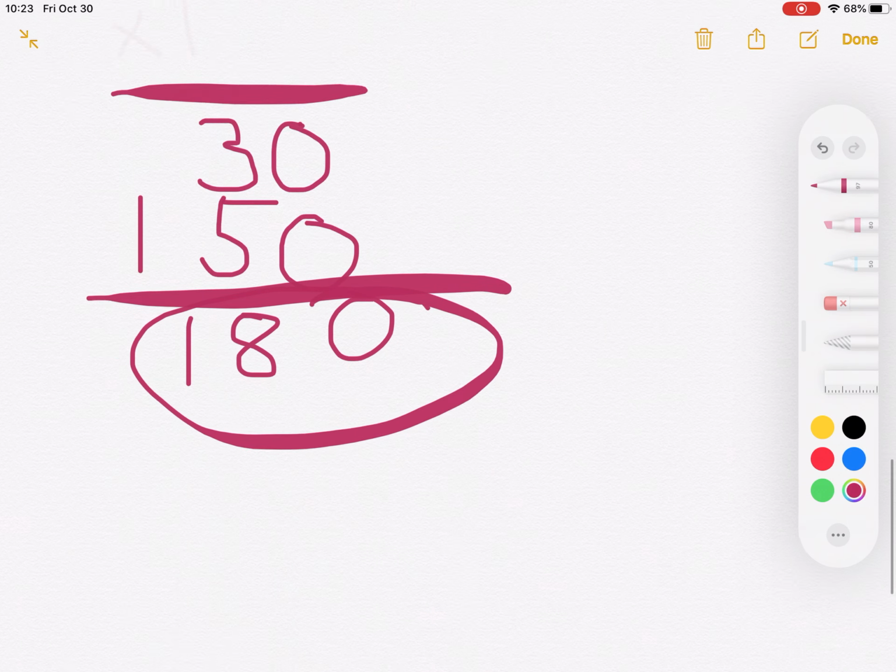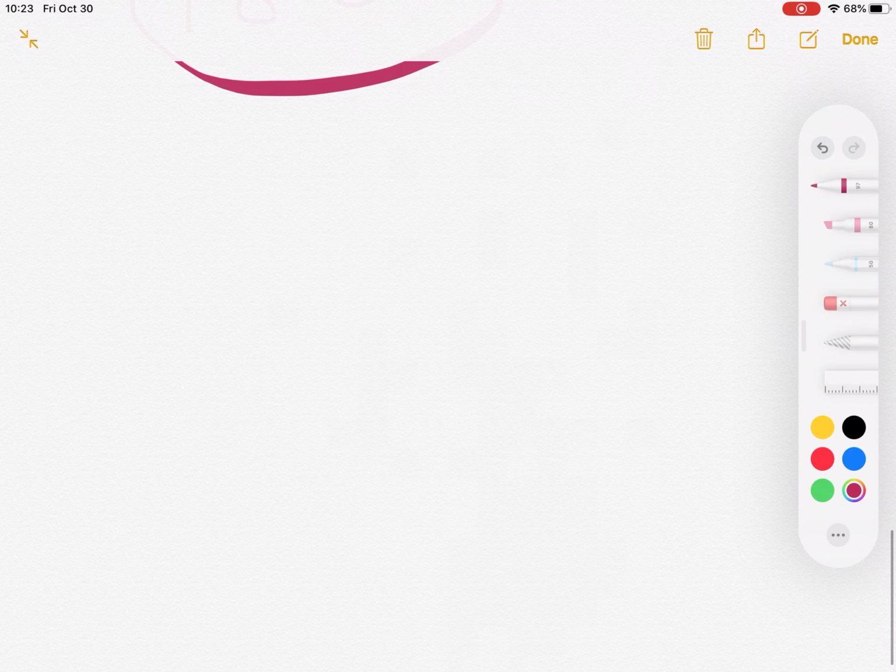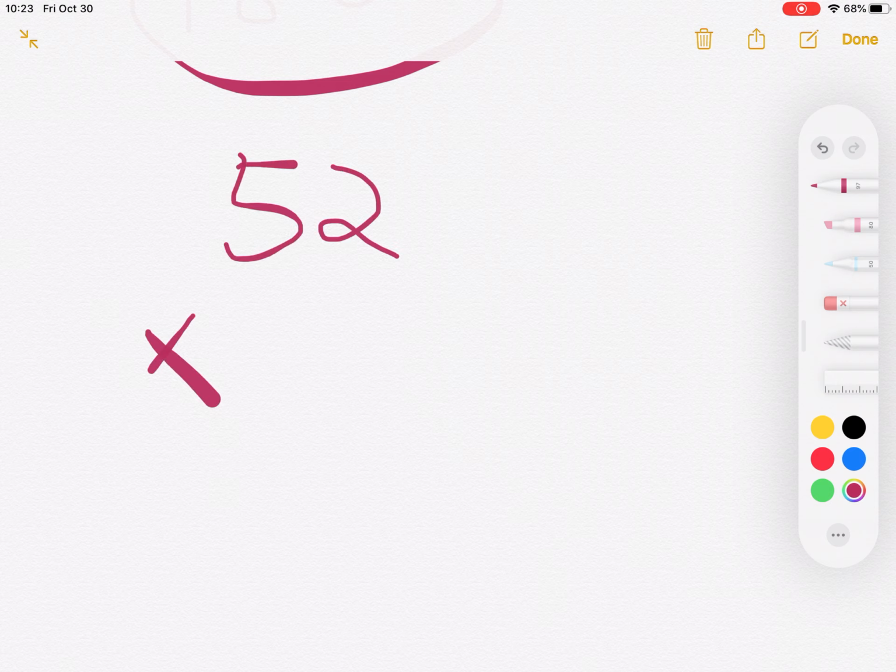Now let's do another one. So this number is going to be 52 times 16. So remember, we're going to get this number out of the picture, and then we're going to do 2 times 6, and that will equal 12.